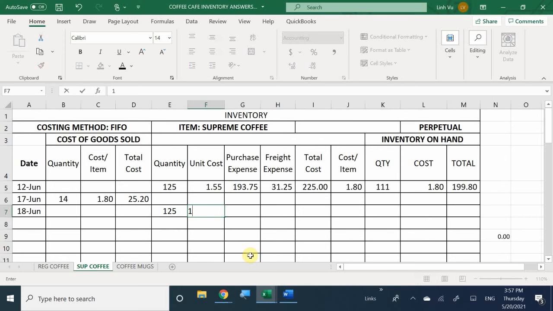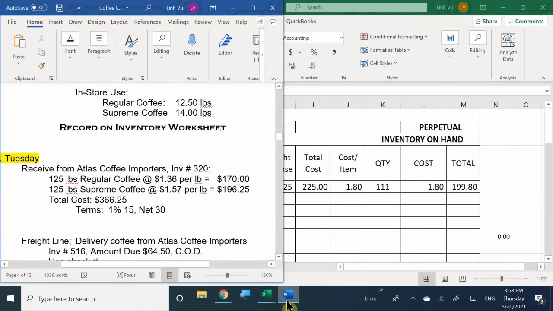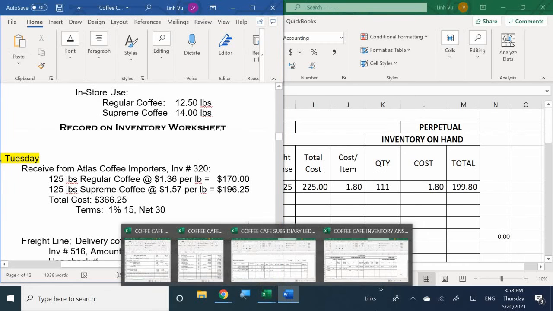So 125 at 1.57 per pound, and that equals 196.25. Good. And that's it for now.